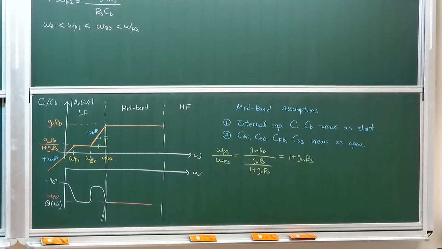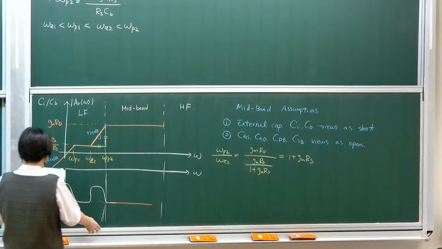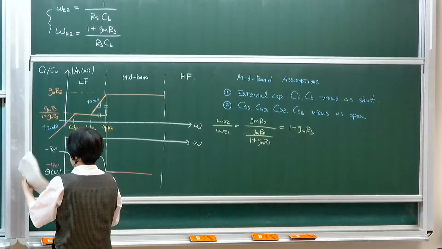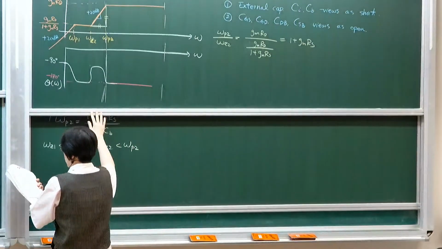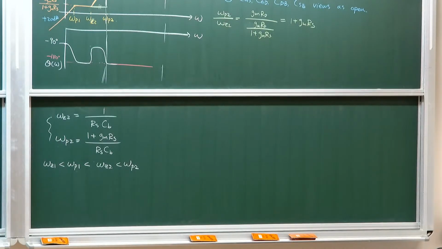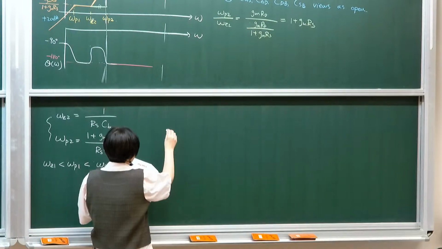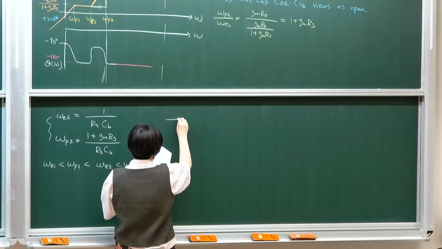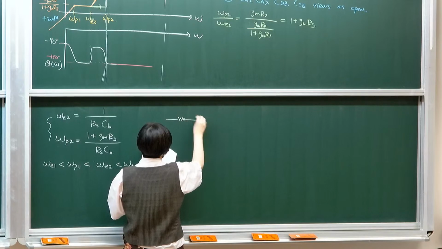So if you look at the high frequency part, we're going to use our high frequency model. So the circuit will look something like this. Your equivalent circuit, the input part, we're going to use Thevenin equivalent.